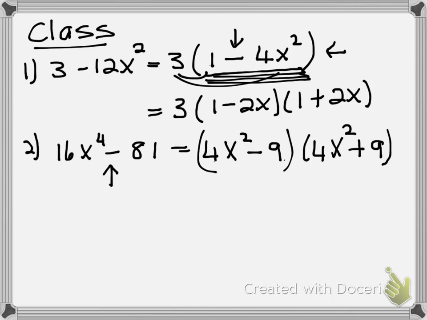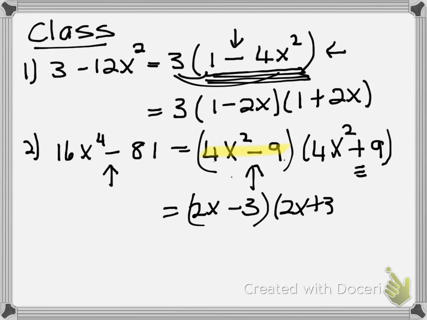And again, this one can factor further because it's a difference between two squares. Sum of two squares can never factor further unless you can take out a common factor. So I'm just going to go further with this one: 2x minus 3, 2x plus 3, and do not leave that one up there.